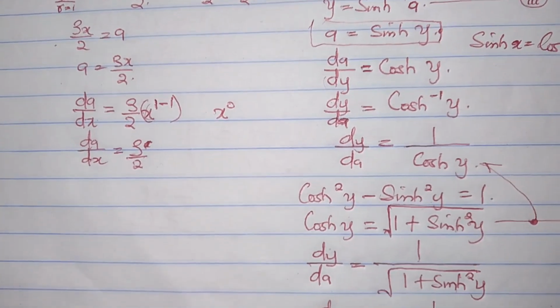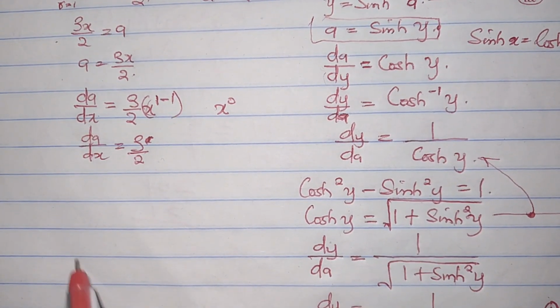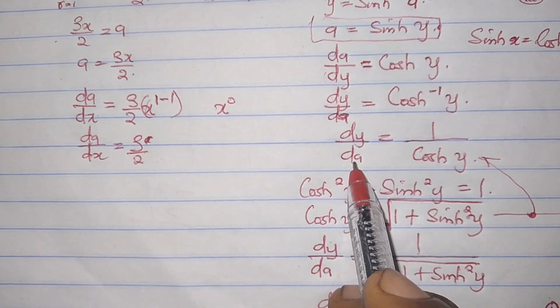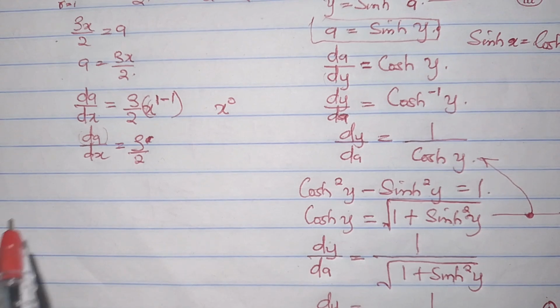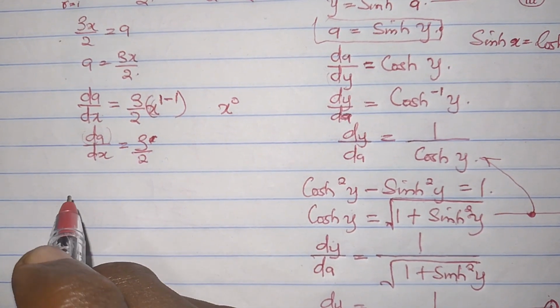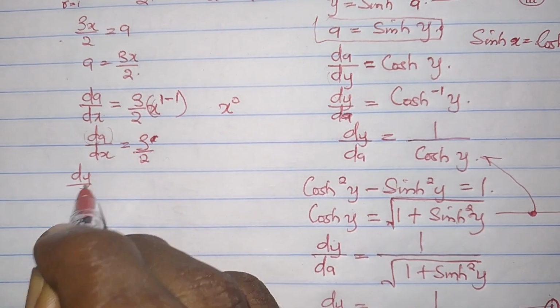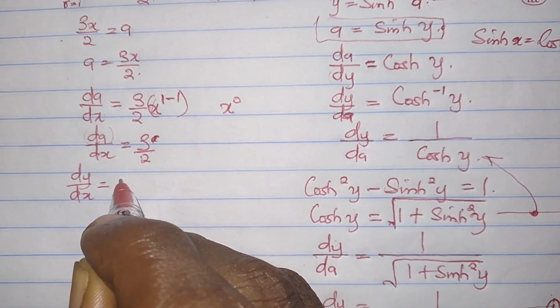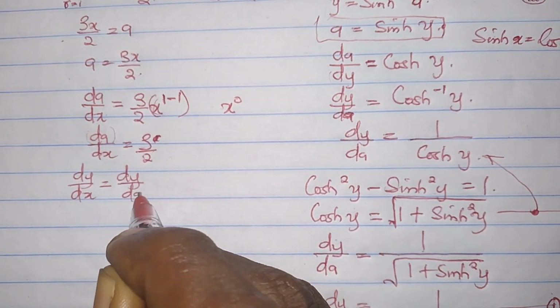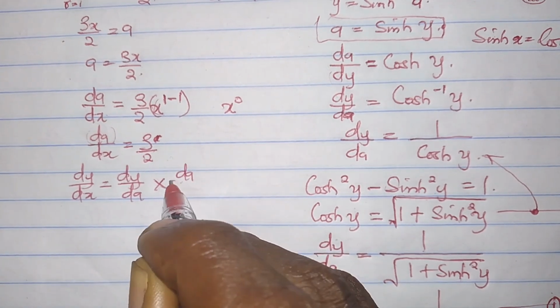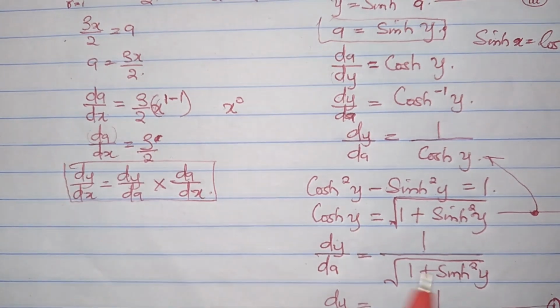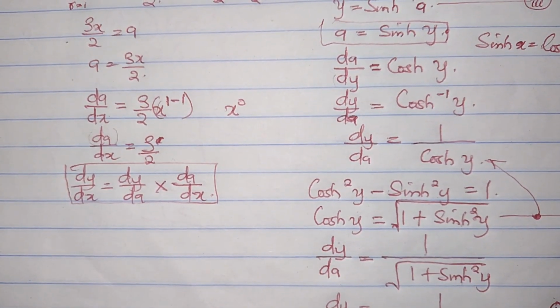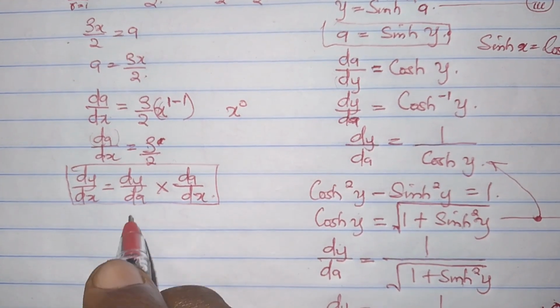But we need to recall from the identity that now with that we are having the a, we are having the y, and we are having the x using the chain rule, that we'll be having dy all over dx is the same thing as dy divided by dA multiplied by dA divided by dx. Recalling from this chain rule here, we have to substitute the problems, this and this, into this equation here.